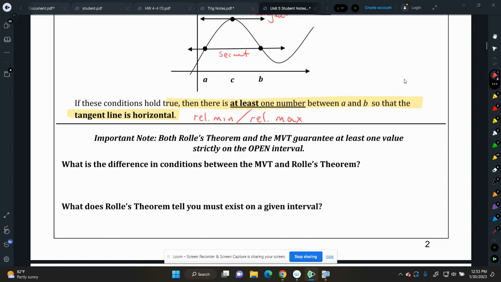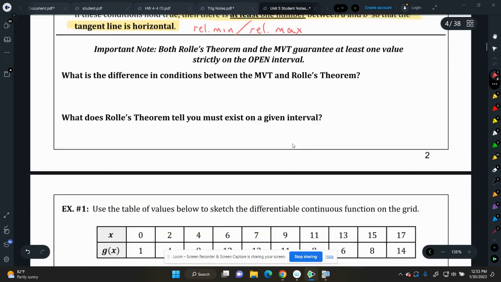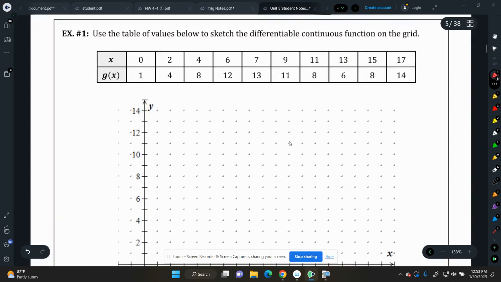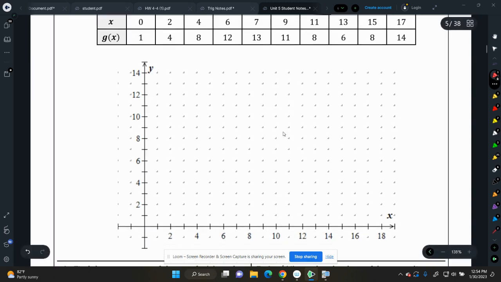Okay. Let's look at this example 1 here. This is the type of question you might see on your AP exam. So we've got a table of values. Sketch the differentiable continuous function on the grid. Okay, so let's just make a little sketch of this.